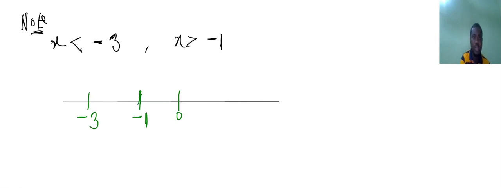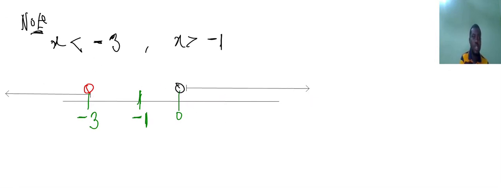x less than minus 3, numbers less than minus 3 go this way. Now x greater than minus 1, numbers greater than minus 1 obviously come towards the right.